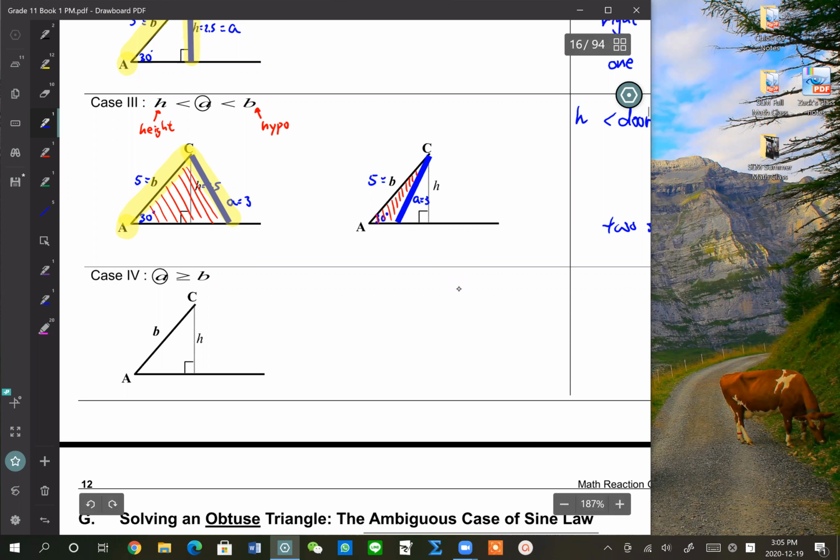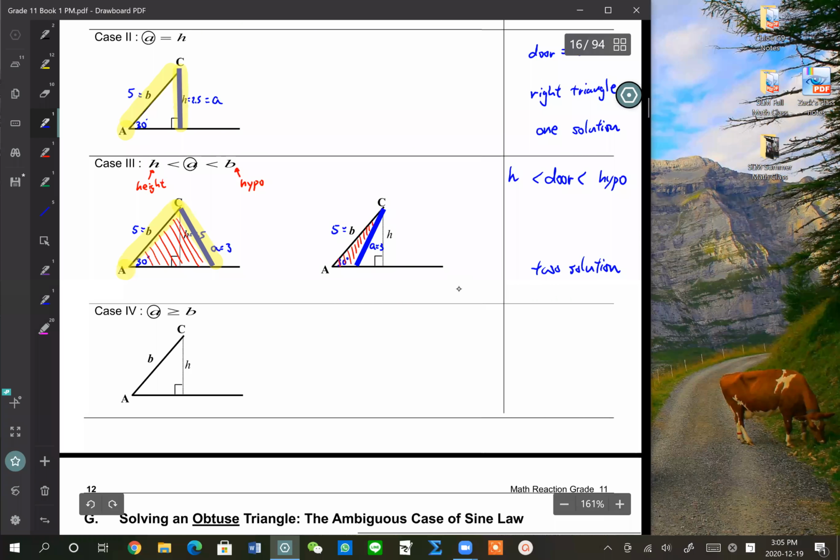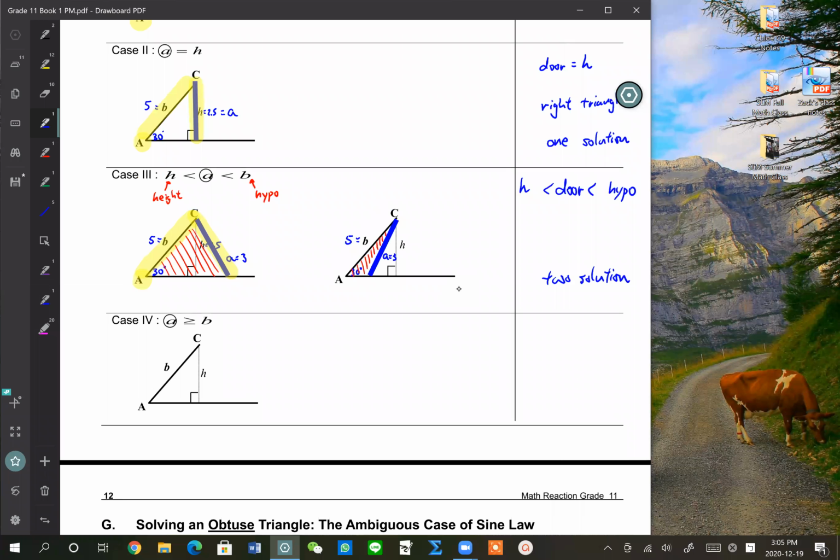Okay, so last case is when I make the door much longer. How long? Longer than hypotenuse. So I keep the angle still the same now. Hypotenuse is 5. I want the door to be longer than hypotenuse.